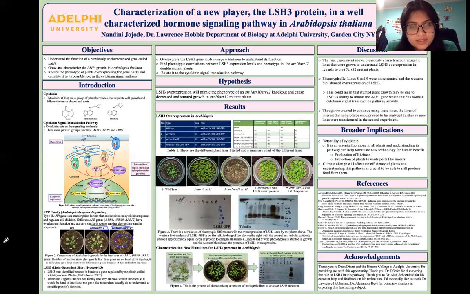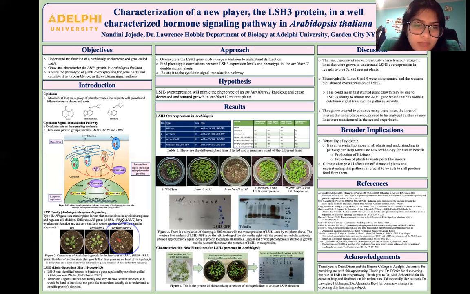So my hypothesis is that LSH3 overexpression will mimic the phenotype of an ARR1, ARR10, ARR12 triple mutant. I came to this conclusion since LSH3 represses ARR. Now we know that ARR is needed for cell division.